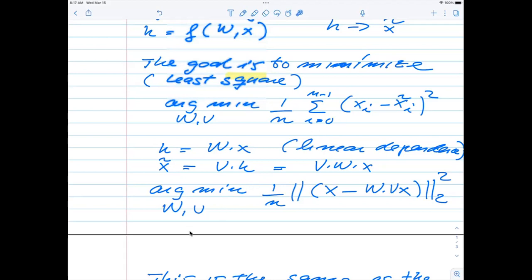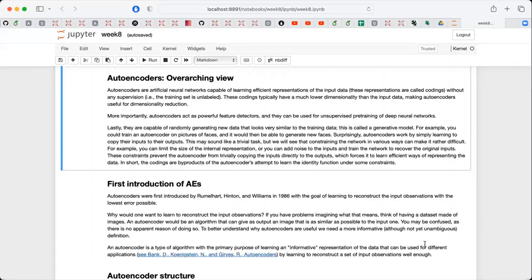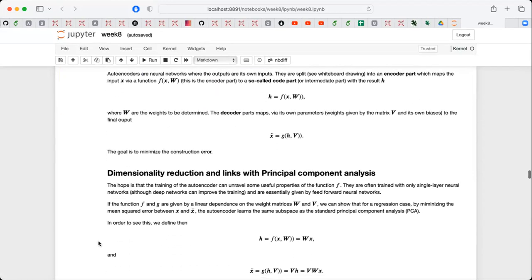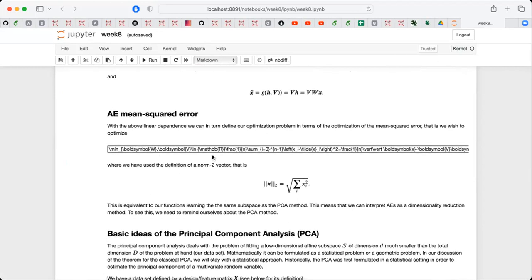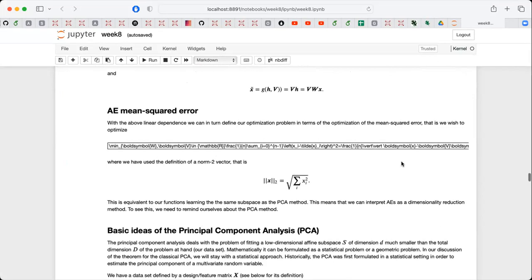So what I'm going to do now is switch back to the Jupyter notebook, and then say something about the principal component analysis. Essentially what you see in the slides here is just a repetition of what I said. The example here contains the mean squared error. Oops, it seems something went wrong with my LaTeX here, so I have to fix that after we're done.